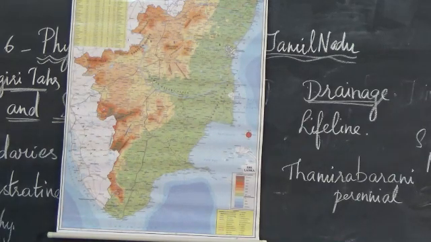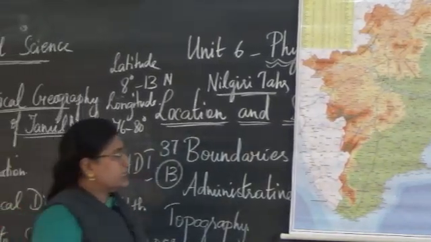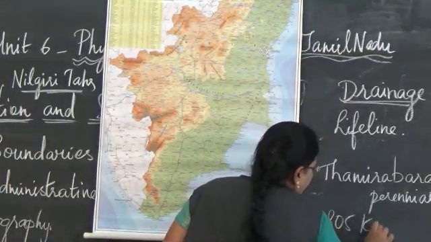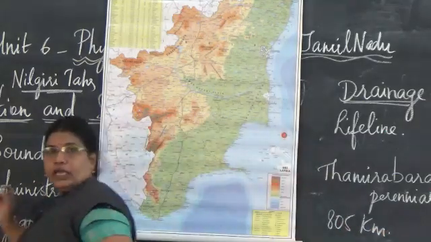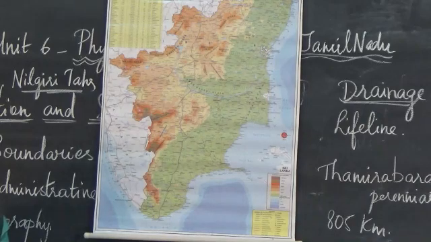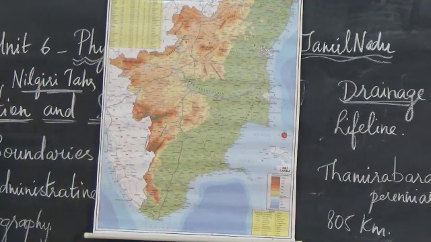So, the river Kaveri originates at Talakaveri in Coorg district of Karnataka in the Western Ghats. The total length is 805 kilometers. About 460 kilometers of its course falls in Tamil Nadu, and it serves as a boundary between Karnataka and Tamil Nadu.